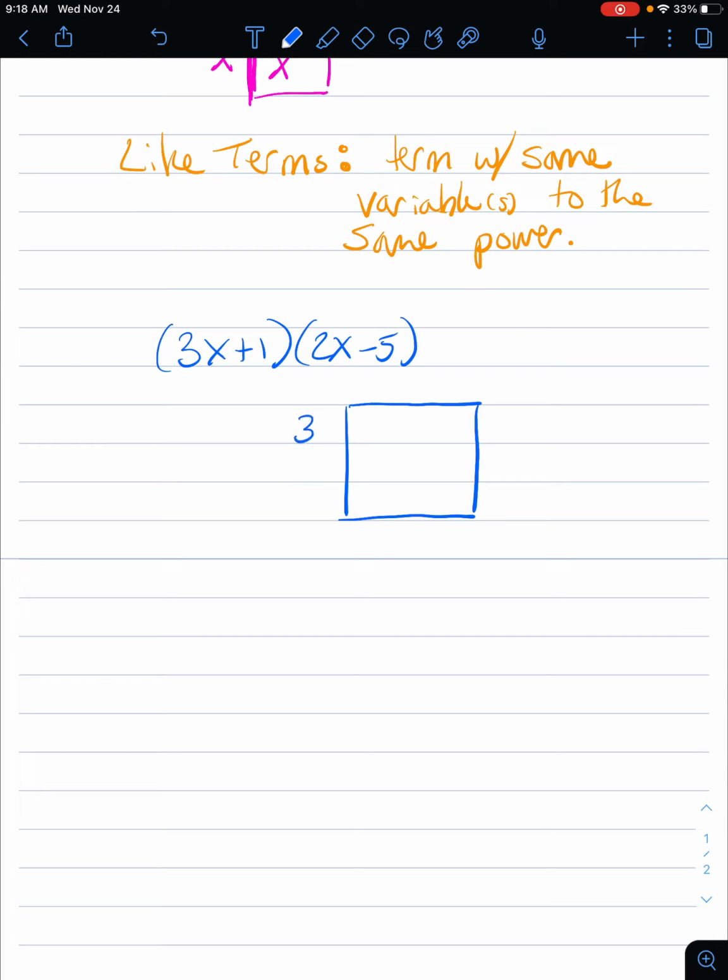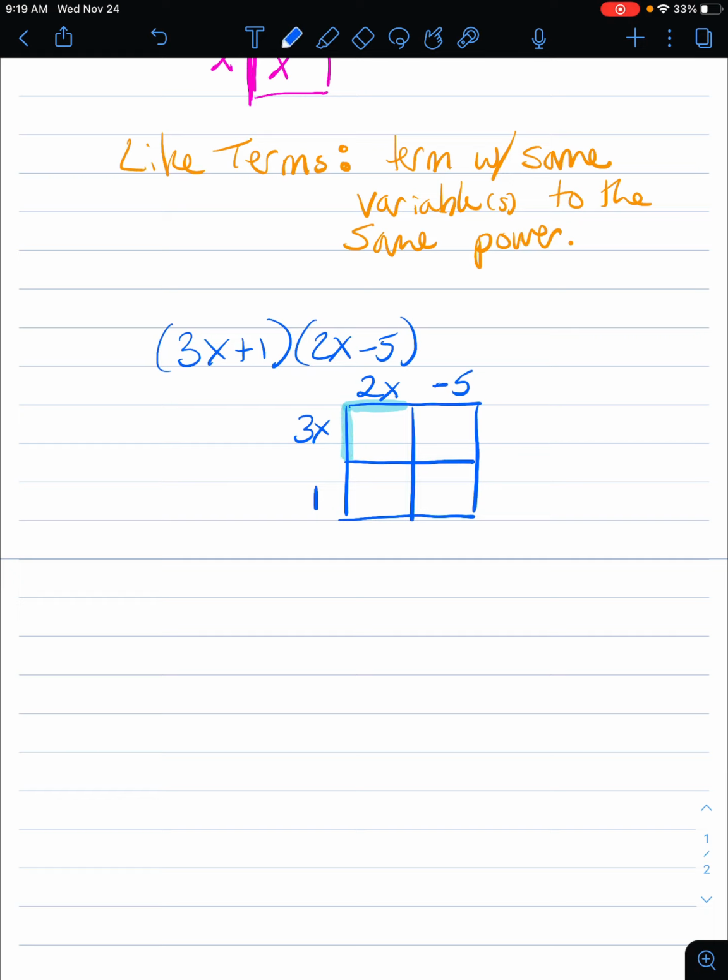And so we can put the 3x plus 1 here. It doesn't matter where you put it. And then we're going to go ahead and draw our little area model. So when we're doing this, we want to find the area of each of these 4 little rectangles. So this dimension is 2x by 3x.